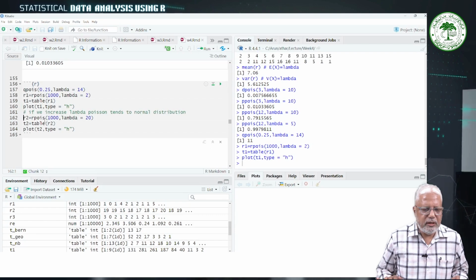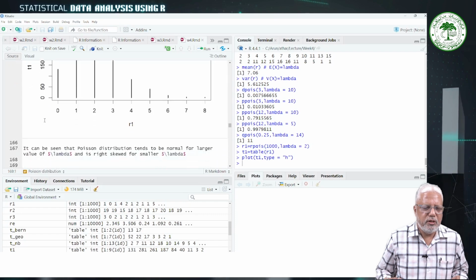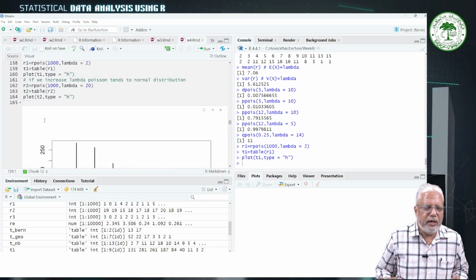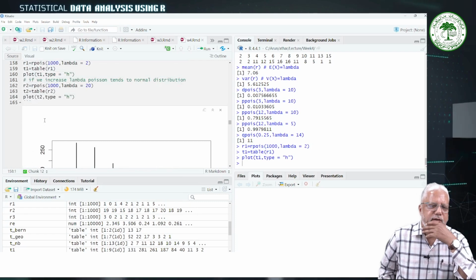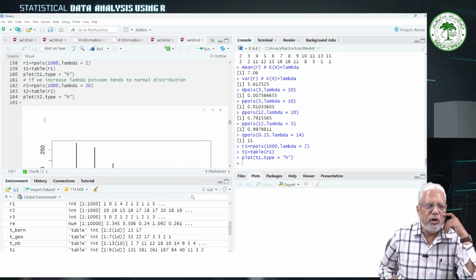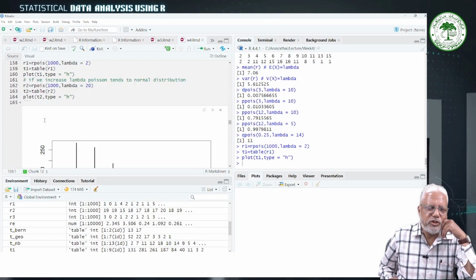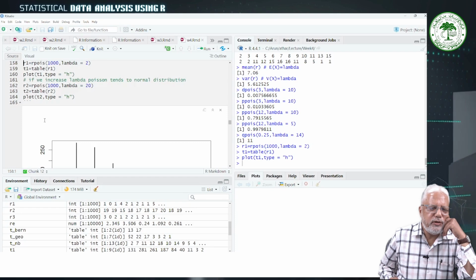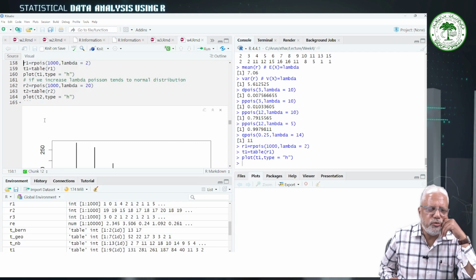We are getting a right skewed distribution. If lambda is somewhat less than 6, there is a great book on discrete distributions by Alan Agresti which has given all these discussions, that if lambda is less than 6, the distribution is right skewed.